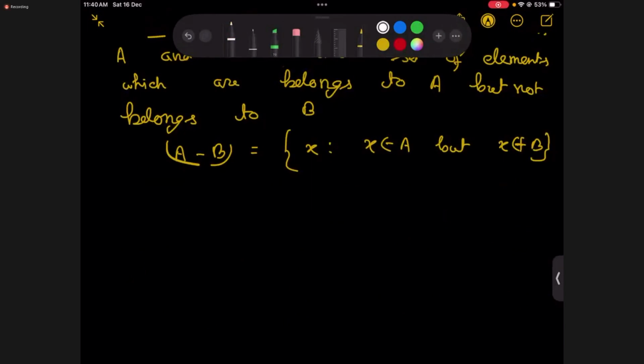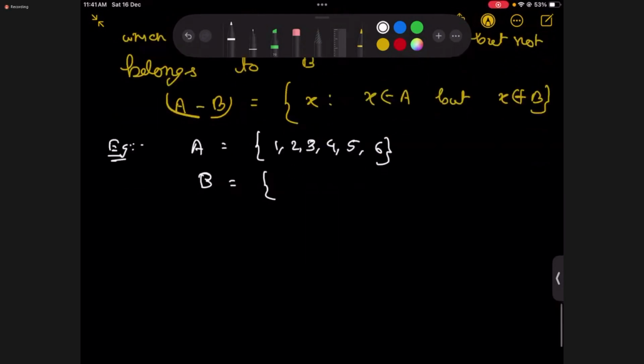Okay, so take one example. Let us take A equals 1, 2, 3, 4, 5, 6, and B equals 2, 4, 6, 8.